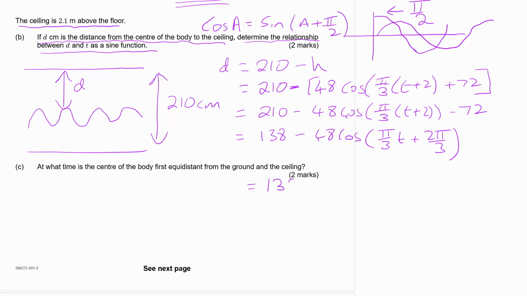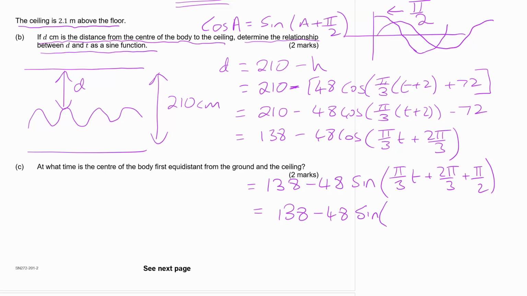So this one's going to be 138 take away 48 sine(pi by 3 t plus 2 pi by 3 plus pi by 2). And that tidies up to give us 138, take away 48 sine(pi t by 3 plus 7 pi by 6).